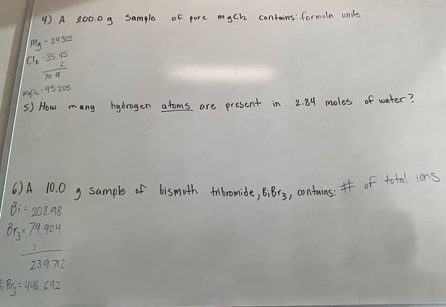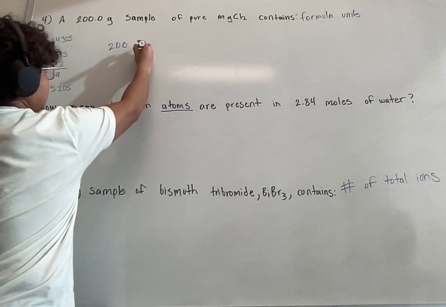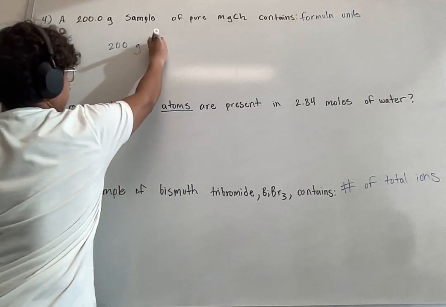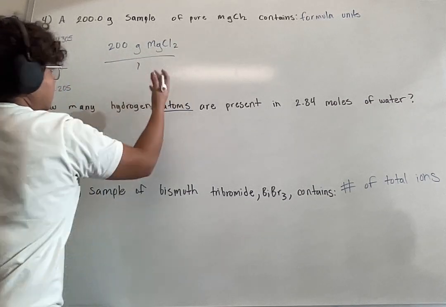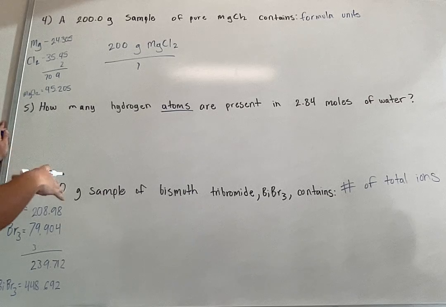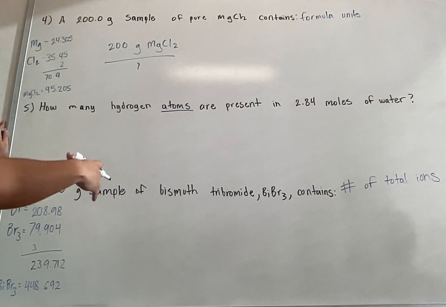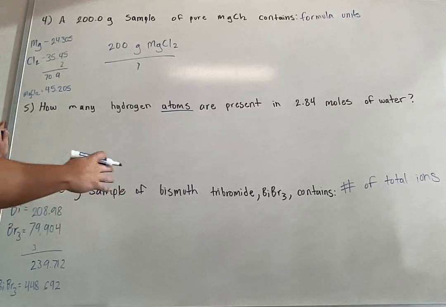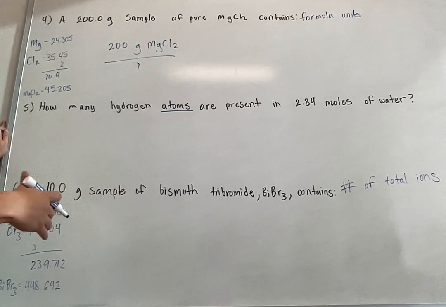So we start off with 200 grams of MgCl2 over 1. And transferring atoms to moles, moles to atoms, grams to moles to atoms, it's all about putting the right proportion so that things can cancel out.